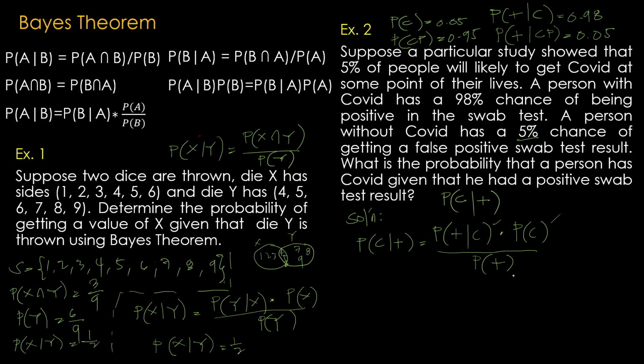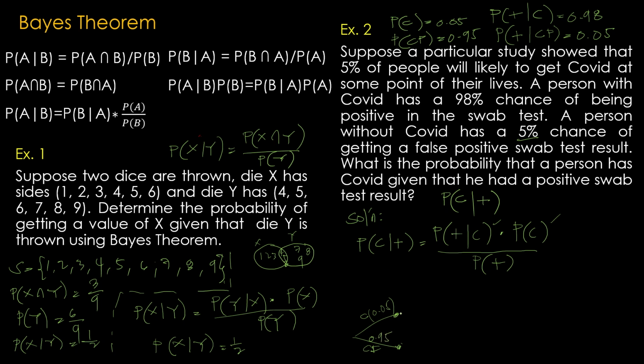Okay? So for this one, again, we're gonna use our trusted tree diagram. So ito na yun. You can either have COVID or COVID-free. So the probability of getting COVID is 0.05. And the probability of being COVID-free is 0.95.